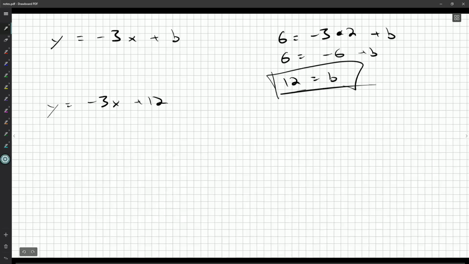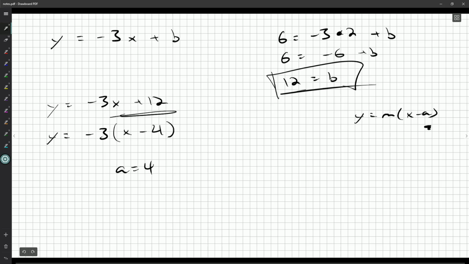We also want the x-intercept, so what I'm going to do is convert this to y equals mx minus a form, and the a inside here is the x-intercept. So all I'm going to do is factor out -3 from both parts here. So -3 taken out from -3x just leaves me with x. Divide 12 by -3 and I'll get -4. So a equals 4.